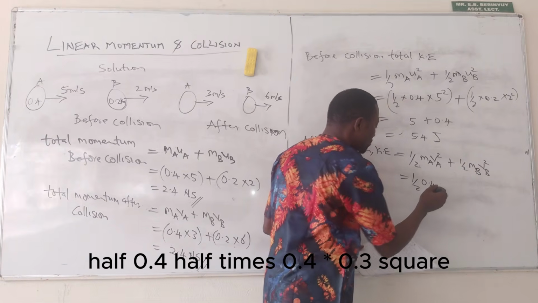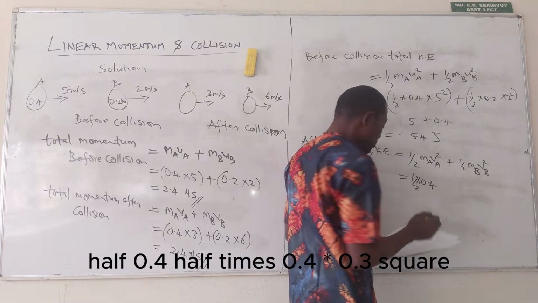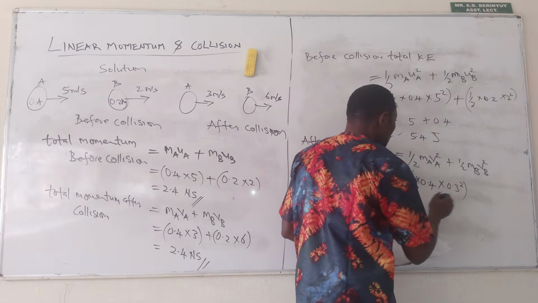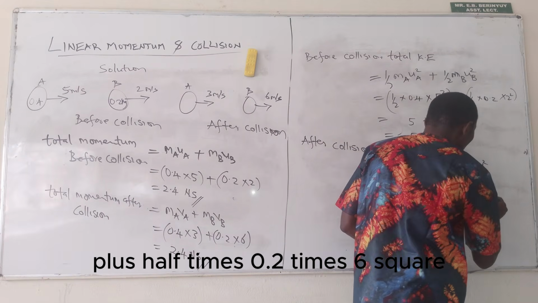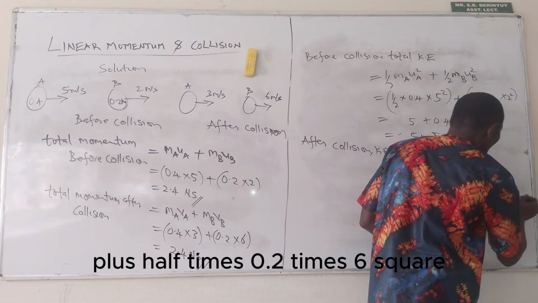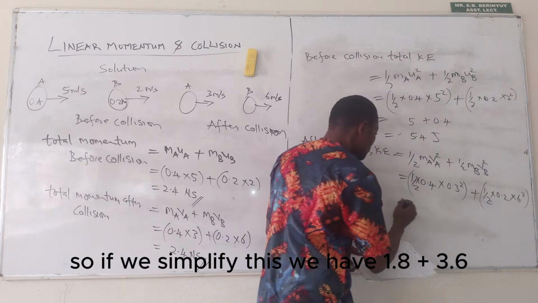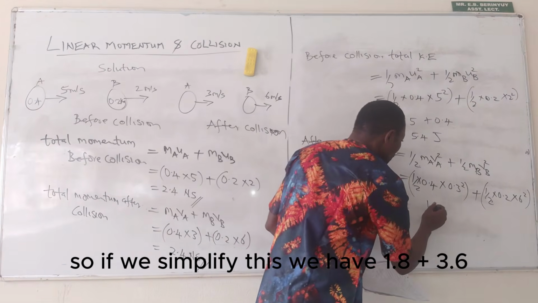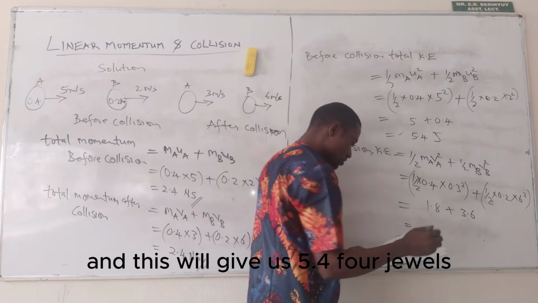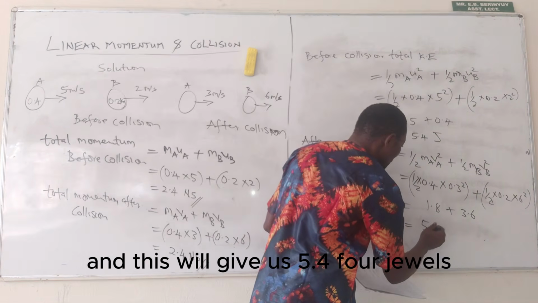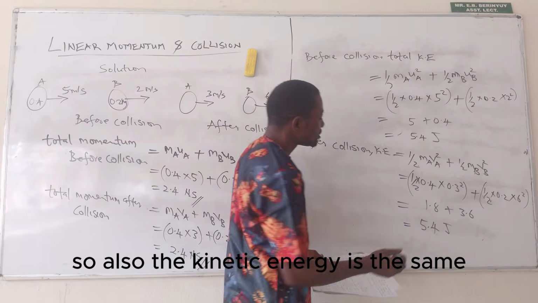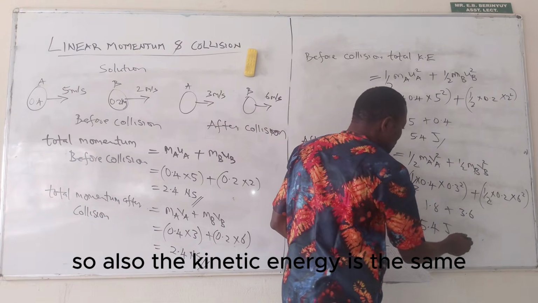Half times 0.4 times 3 square plus half times 0.2 times 6 square. So if we simplify this, we have 1.8 plus 3.6, and this will give us 5.4 joules. So also the kinetic energy is the same.